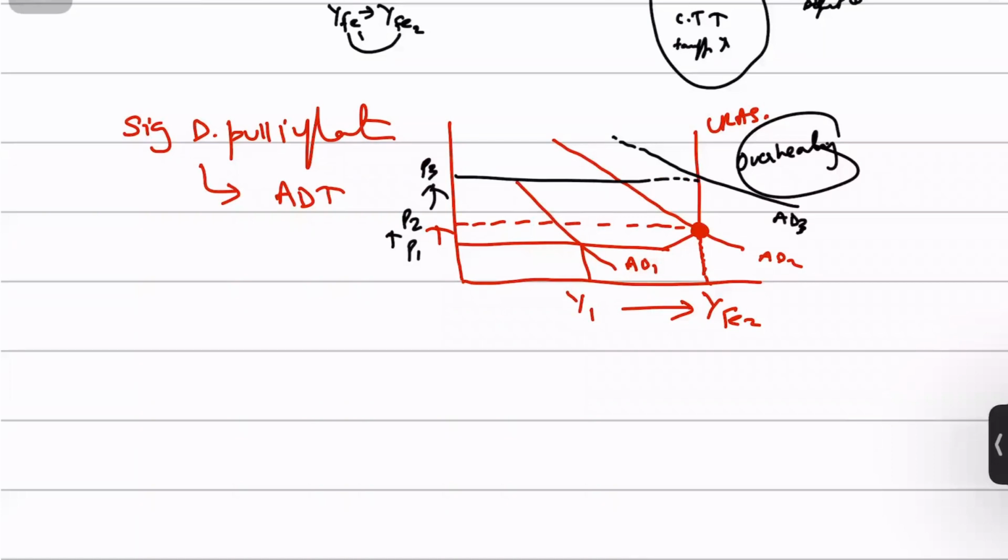Economic growth at the expense of significant inflationary pressures is not healthy for the economy. It's not good for the economy because it's just resulting in demand-pull inflation, and your population is suffering from a high cost of living without any increase in real GDP at all. That's what the diagram is suggesting, right?